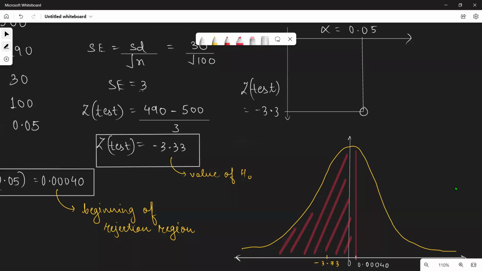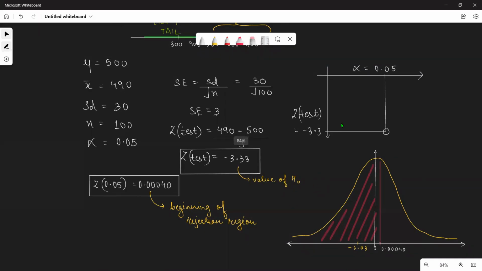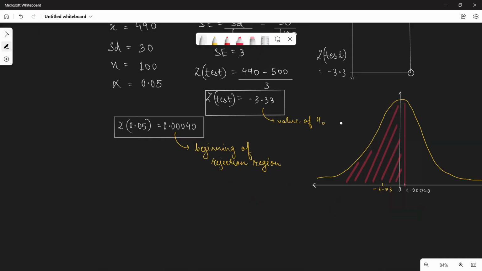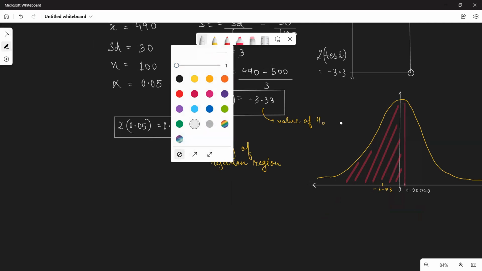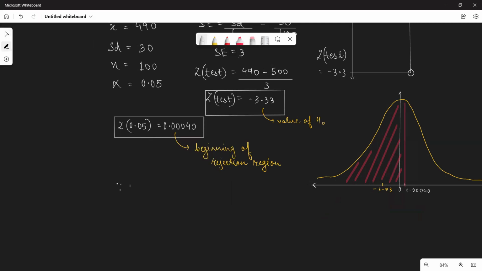I think it's clear. If you have any questions, I'll just write down the final inference which we have. Since H naught lies in the rejection region, we will reject H naught.